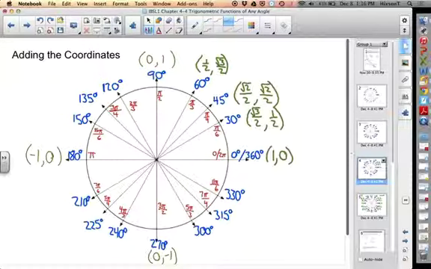So for root 3 over 2 comma 1/2, if you follow that line, it's just going to be that same exact thing with the sign. 7 pi over 6 has the same reference angle as pi over 6, yeah. So it'll be like negative root 3 over 2. Now, there's more than just that one though.